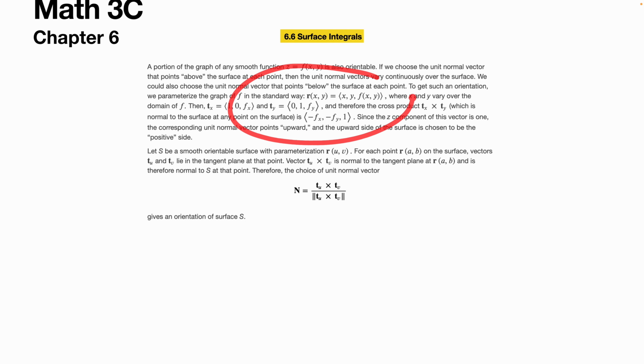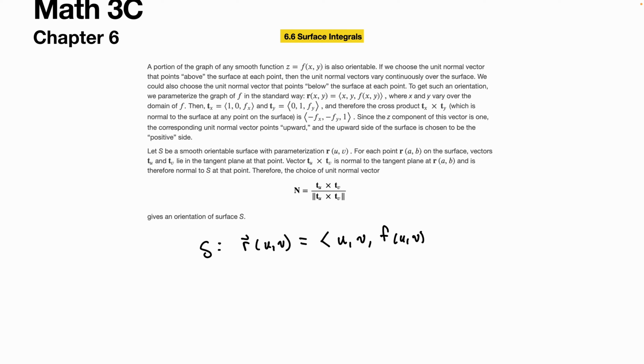The paragraph up above is important, so let's write some of that down. Suppose that we have a surface given by u and v, parameterizing u's and v's. But suppose that x is simply u, y is simply v, and then for z, we take some function of those two parameters.